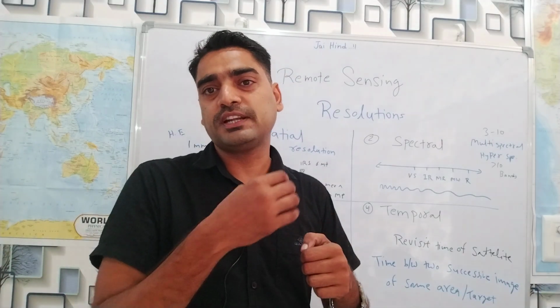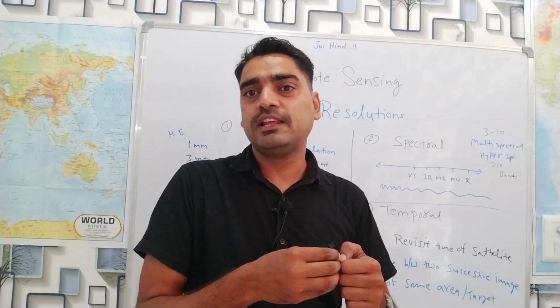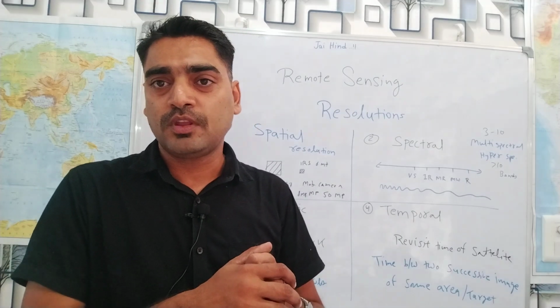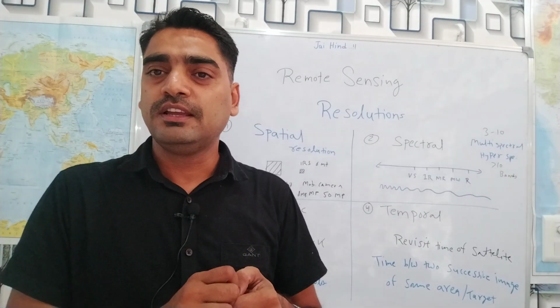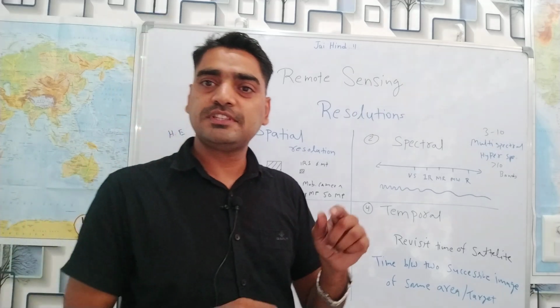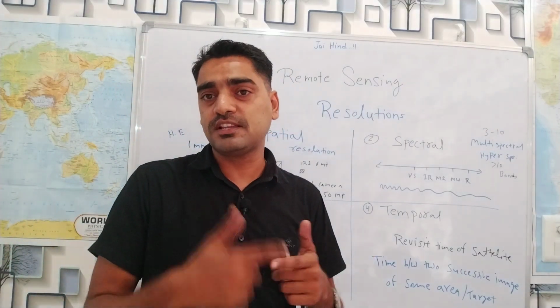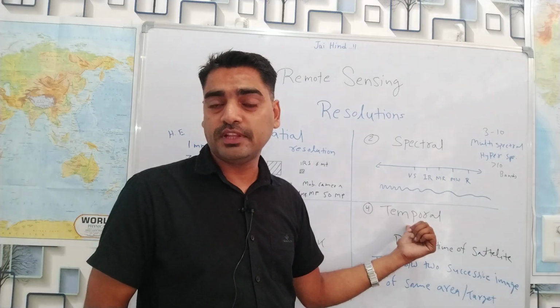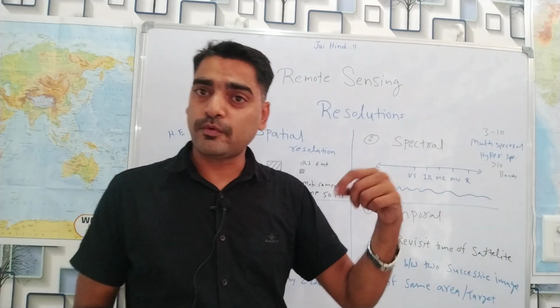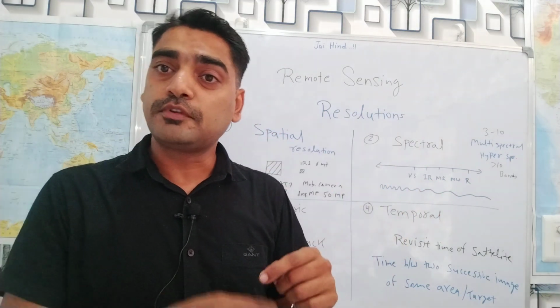If a satellite comes back to that area after 12 hours, and another satellite comes after 6 hours, it means the satellite or sensor which gets the next image in 6 hours has more temporal resolution than the sensor which provides an image of that area after 12 hours.